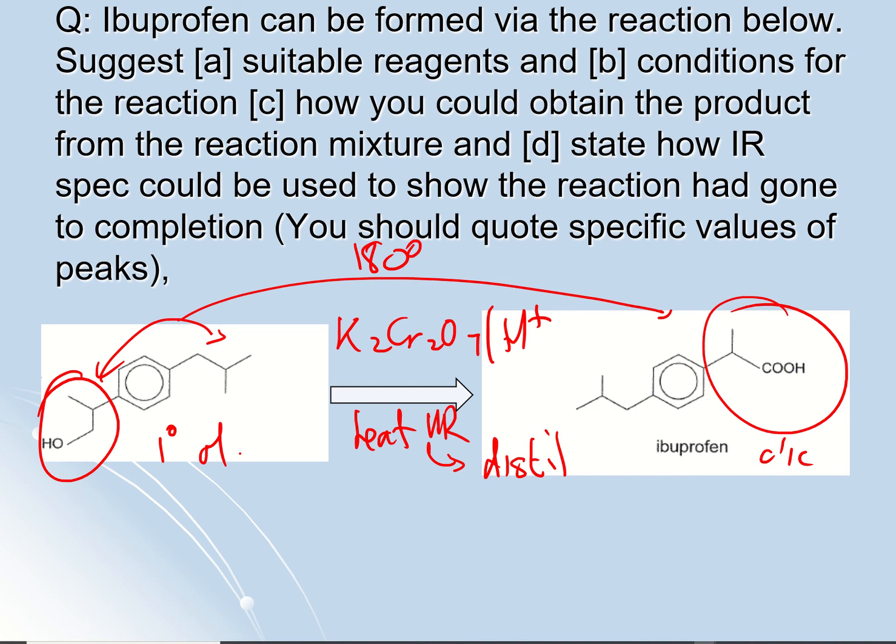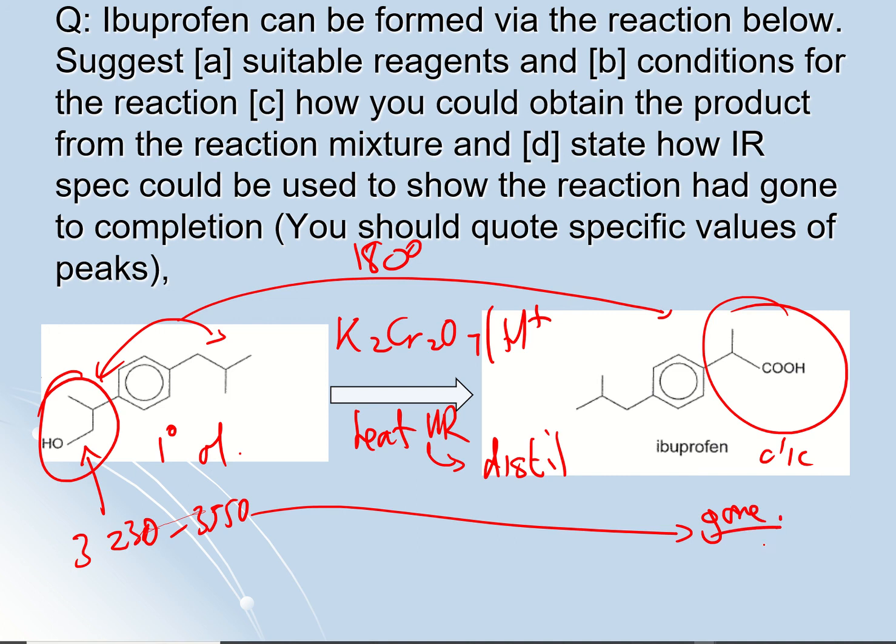State how the infrared spec could be used to show the reaction going to completion. Kind of like the question we had earlier. Originally we will have a peak for our alcohol at roughly 3230 to 3550. Now if it's going to completion, that peak is completely gone.